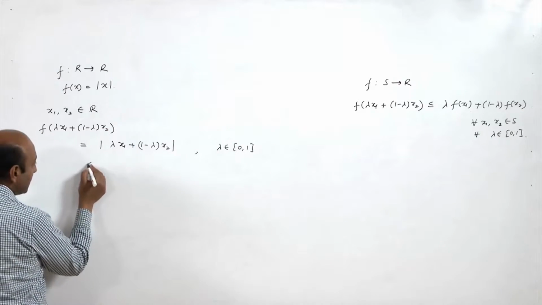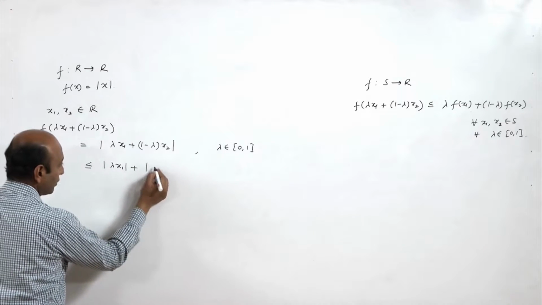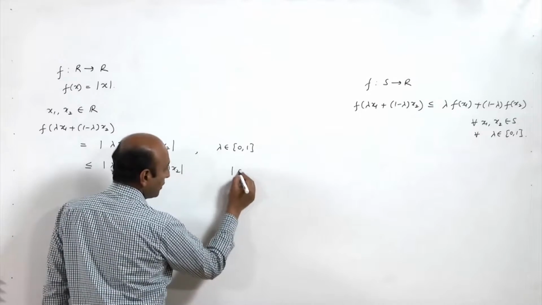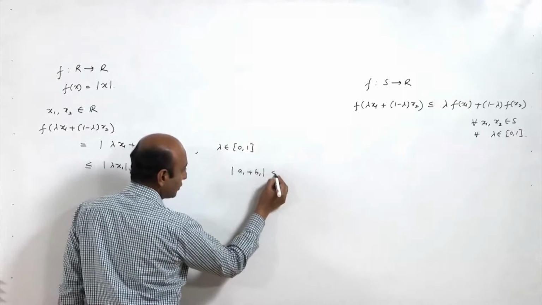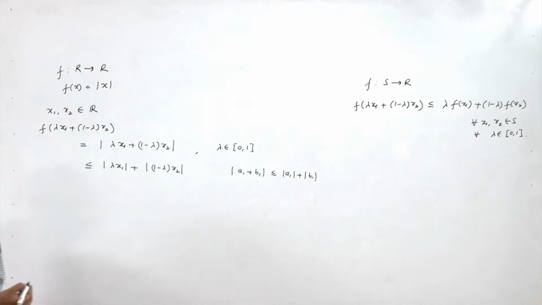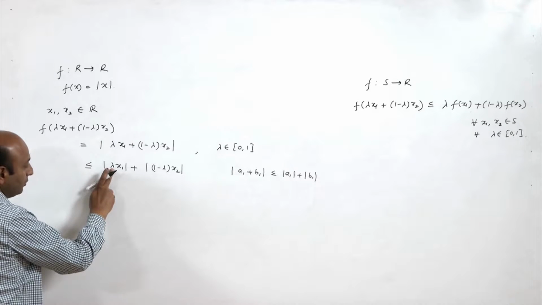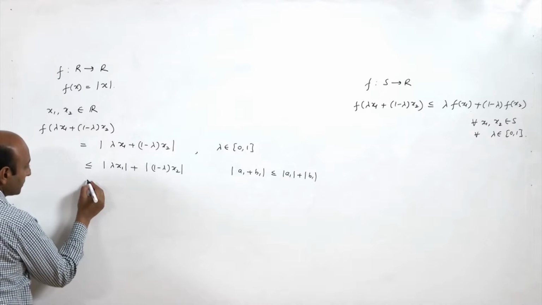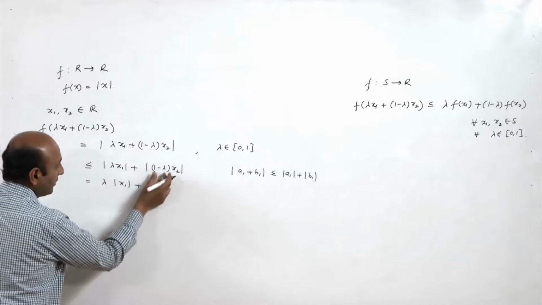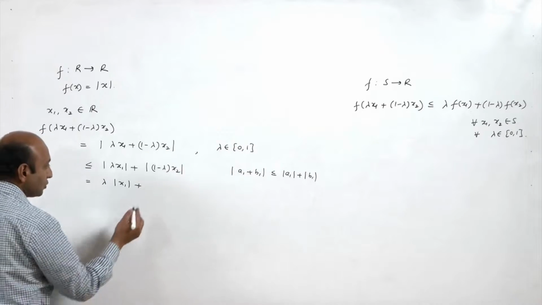Now, this is less than or equal to mod of lambda x1 plus mod of 1 minus lambda x2, because mod of a plus b is less than or equal to mod a plus mod b. Now, lambda is a non-negative value, so it can be taken out of the modulus. Again, 1 minus lambda is also non-negative because lambda is between 0 and 1, so this also can be taken out.